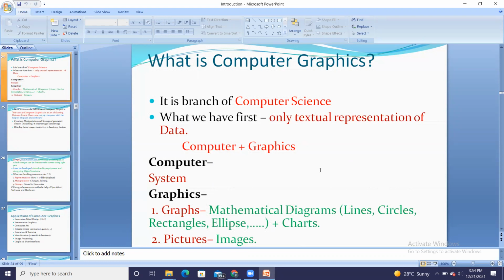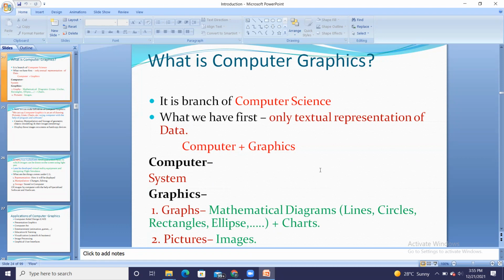Those are nothing but mathematical models also. So different models, designs, and to store those designs in your computer and to manipulate them. That means I'm going to draw the different objects by using computer graphics, store them in memory, as well as manipulate them.